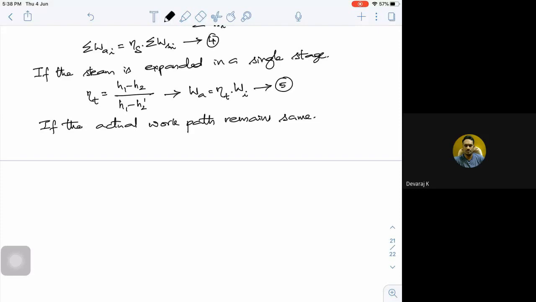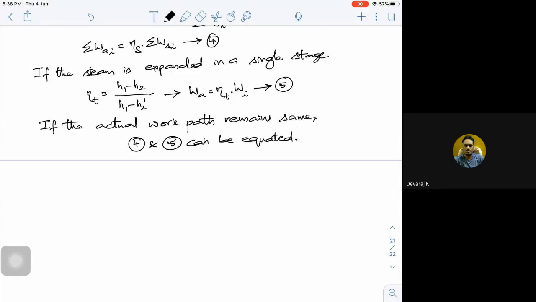Then what will happen? My actual work done is the same, so I can equate. If that's the same, then equation 4 and 5 can be equated.